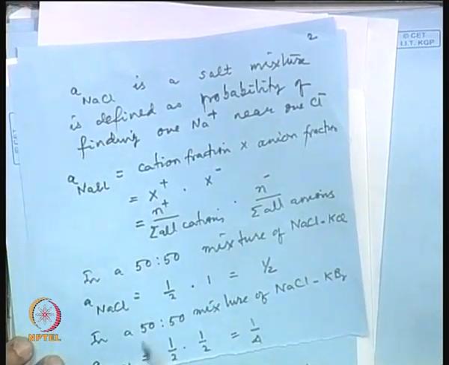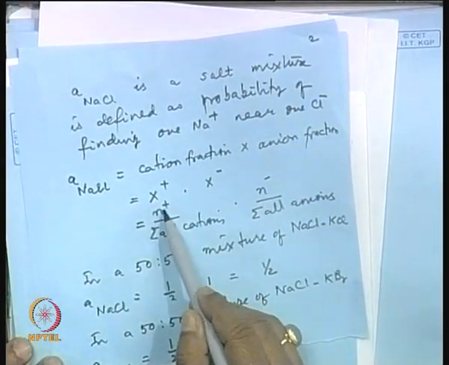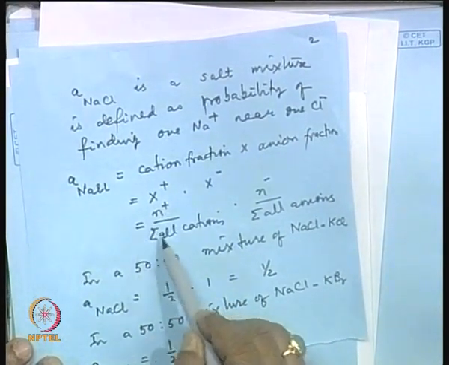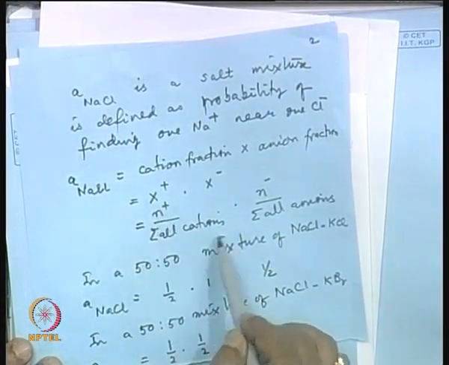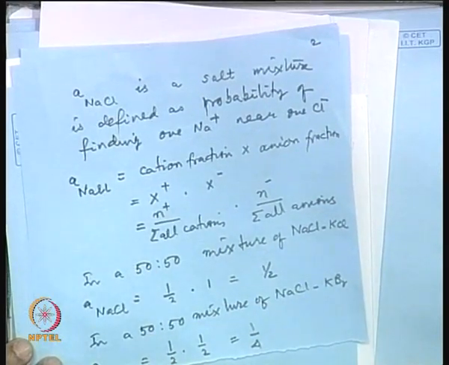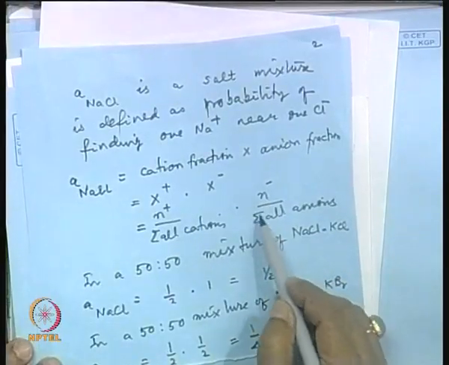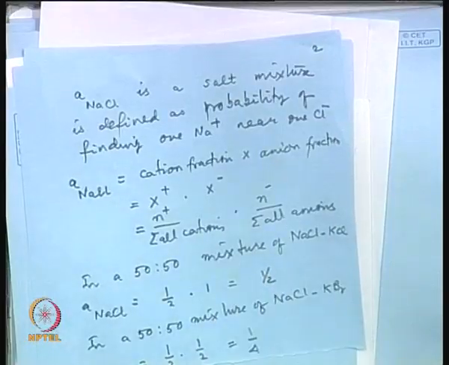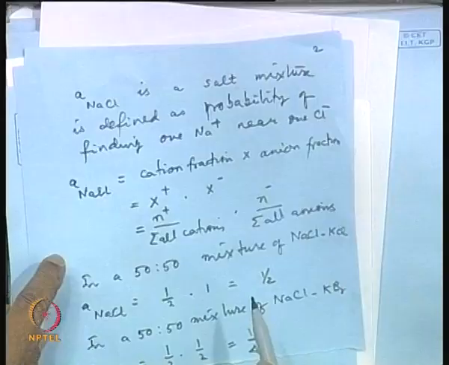The cation fraction is the number of cations of that kind divided by all cations in the mixture, because this ratio will give us the probability of finding a cation in the cation sublattice, and similarly n minus 1 by all n anions will give us the probability of finding an anion in the anion sublattice, and the product means that they will be together. So, that gives us the probability.